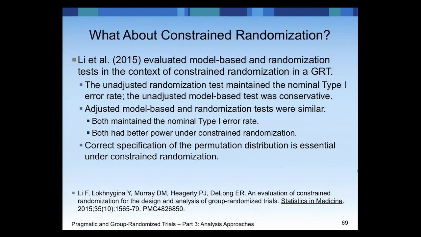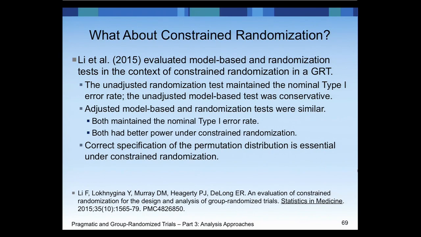More commonly, though, we use adjusted tests, and both the model-based and the randomization-based test were similar when we used the adjusted version in the context of constrained randomization. Both maintained the nominal type 1 error rate. Both had better power under constrained randomization.